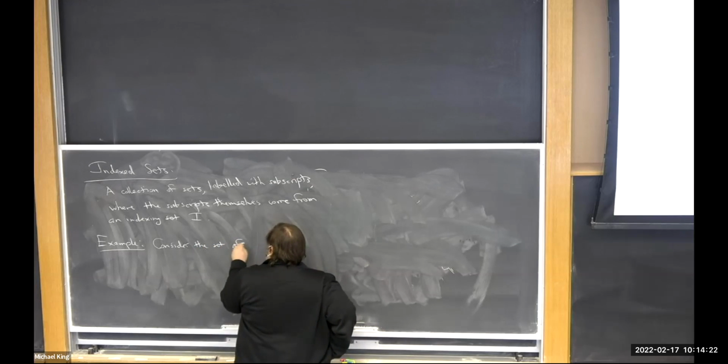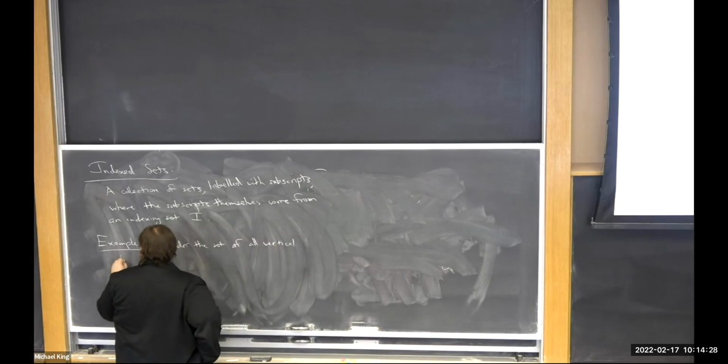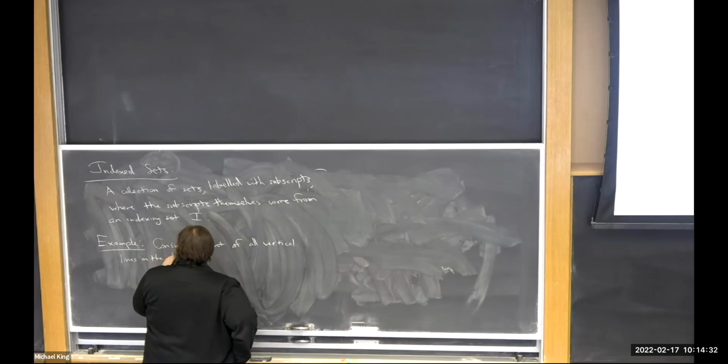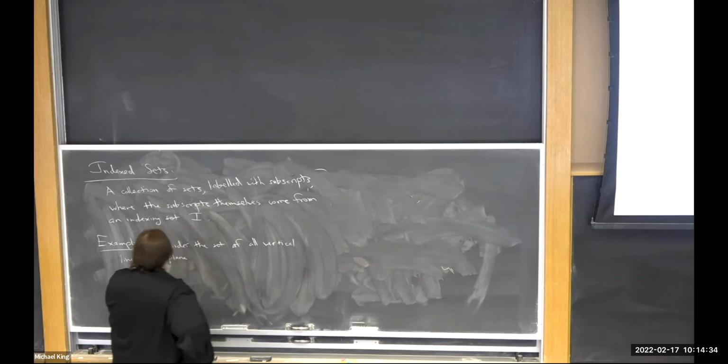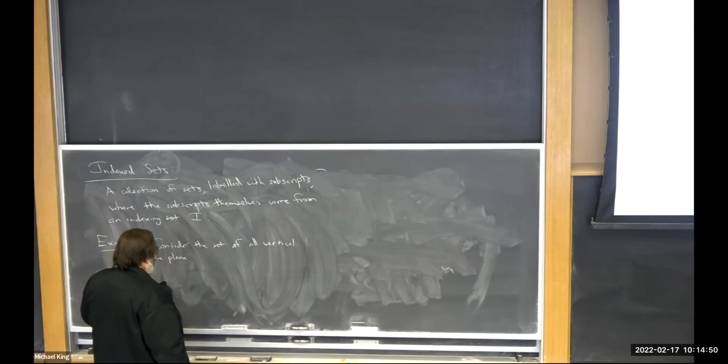There are lines of the form x equals constant, right? So I could define L sub 3 to be the line x equals 3, or L sub negative 100 as the line x equals negative 100.